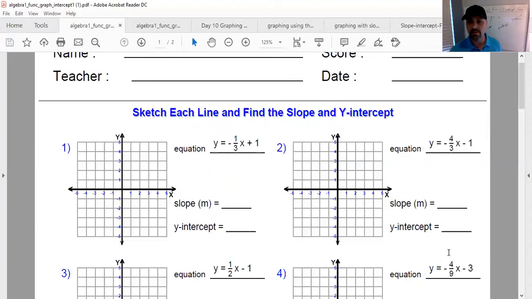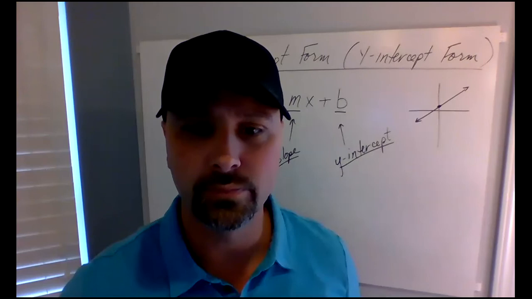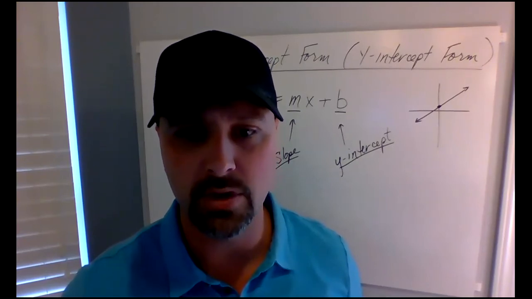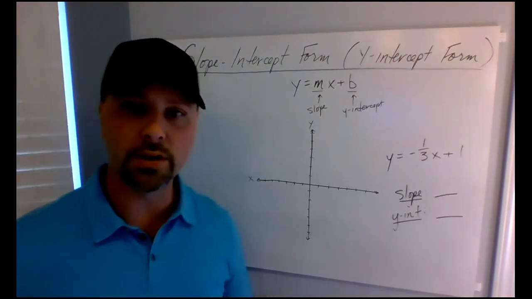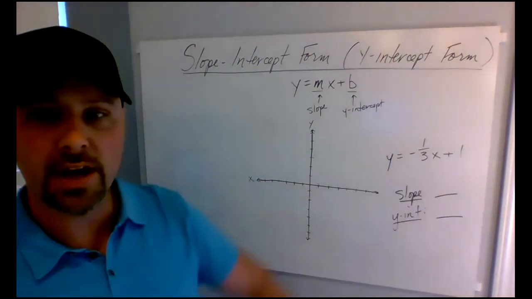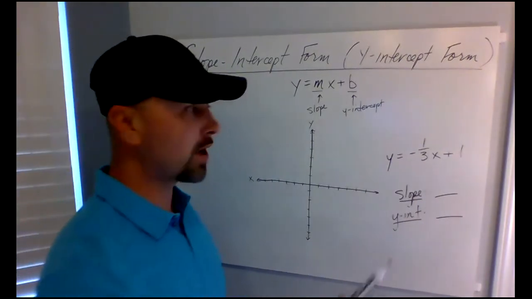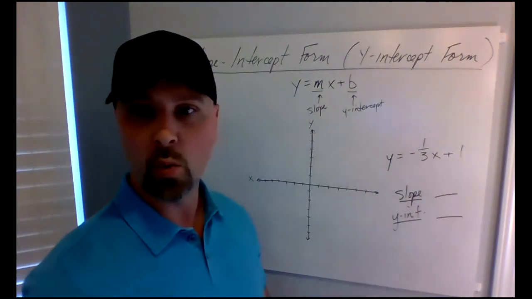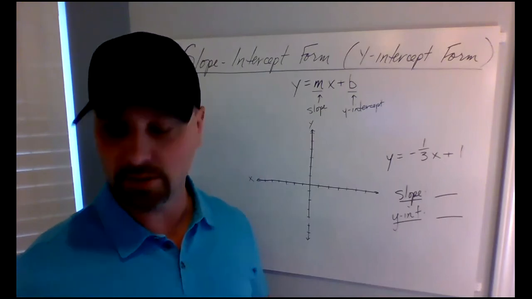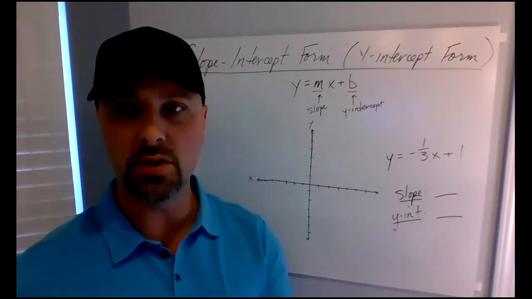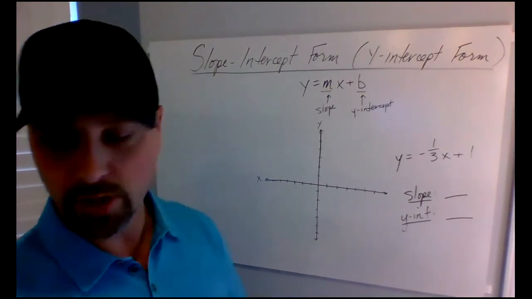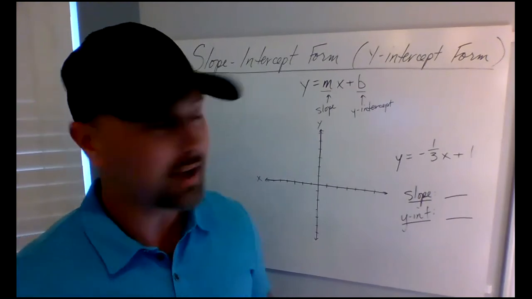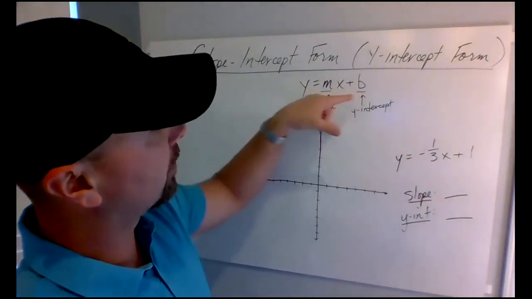So I'm going to come back to my big screen here and give you an example, okay? So give me just a second here. All right, I'm back. So I made a coordinate grid and wrote down the problem that we're working on, okay? So the equation that we're working on is y is equal to negative 1/3 x plus 1. And what I need to do is first recognize it is already in slope-intercept form, okay?